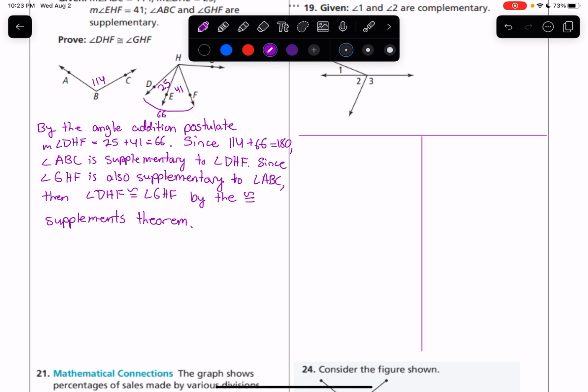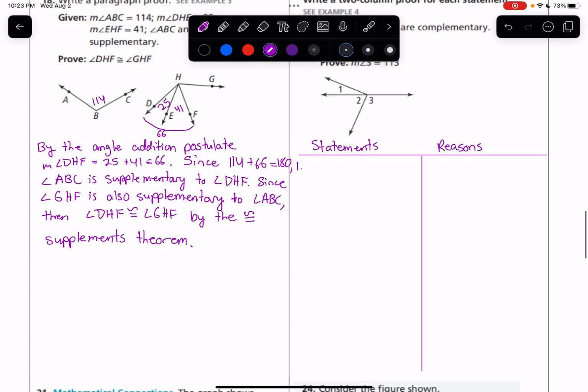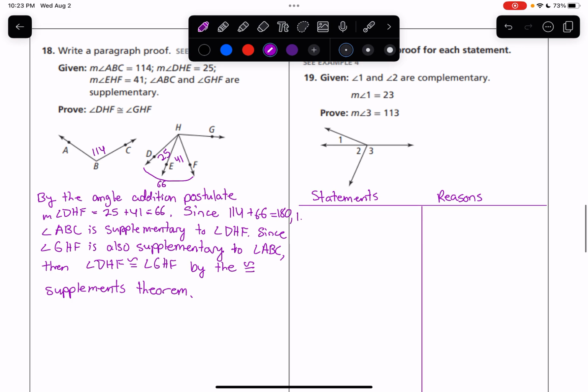There we go. So we've got our statements and our reasons. We'll start with number 1. Number 1 is easy because it gave it to us. It said angle 1 and angle 2 are complementary, and that's given.